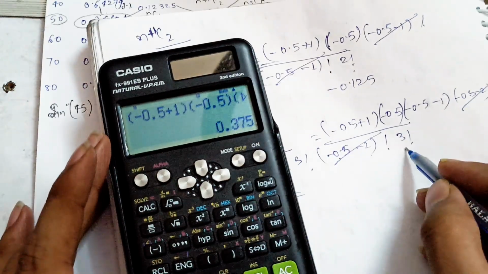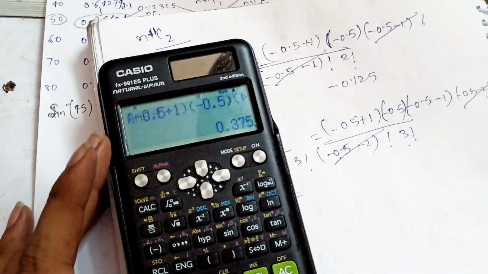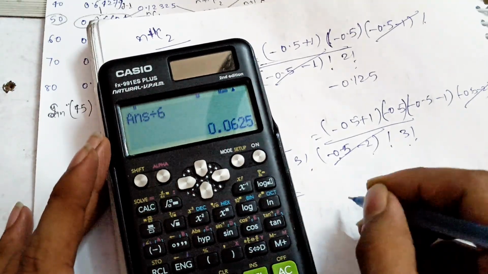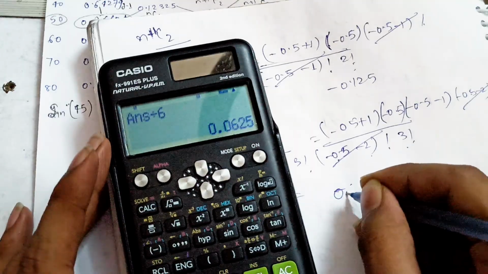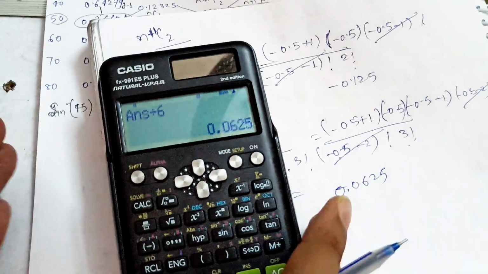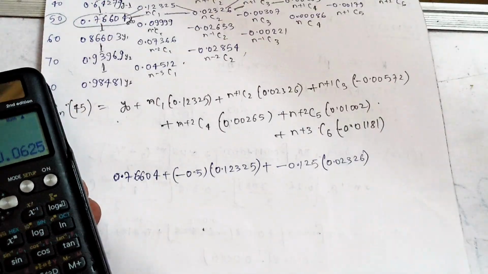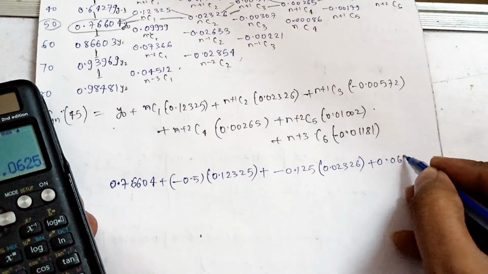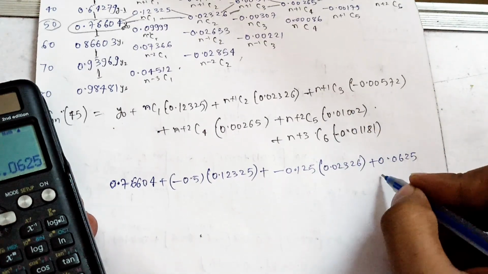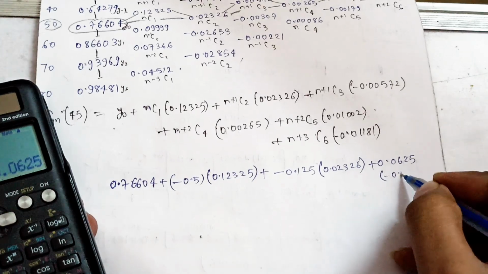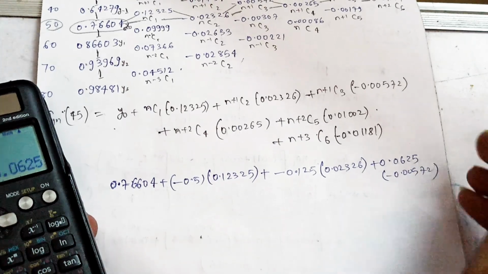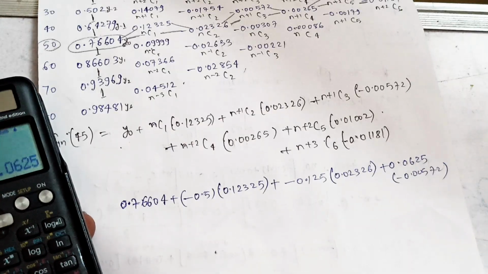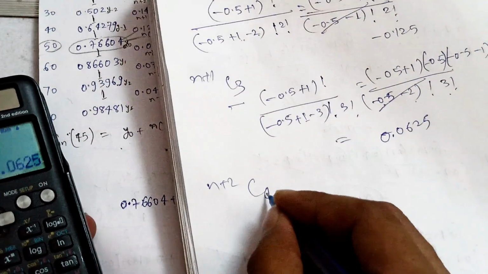Since the factorial of 3 is equal to 6, divided by 6 we will get plus 0.0625. Just evaluate it there, plus 0.0625, and the value is minus 0.00572 here.